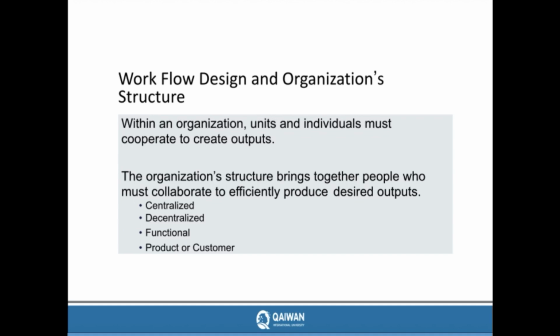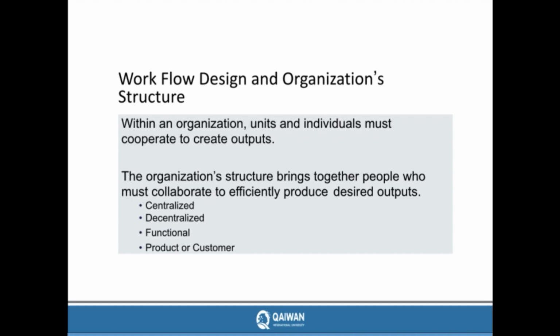And finally, we have the product or customer structures. Here, the organization is divided based on products or the type of customers. For example, a department for corporate clients and a department for individual customers.